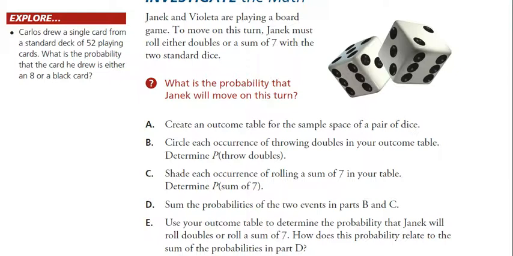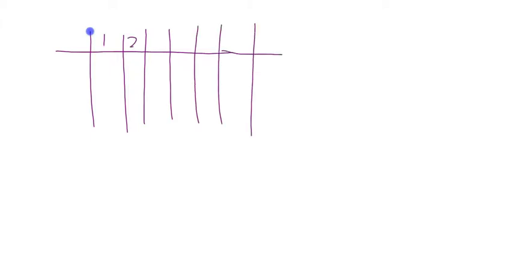Create an outcome table for the sample space of a pair of dice. I was looking online and could just pull one up, but if you had to create an outcome table for a pair of dice, it's not really that hard. On the first die, we can get a 1, a 2, a 3, a 4, a 5, or a 6. And on the second die, we can get a 1, a 2, a 3, a 4, a 5, or a 6.